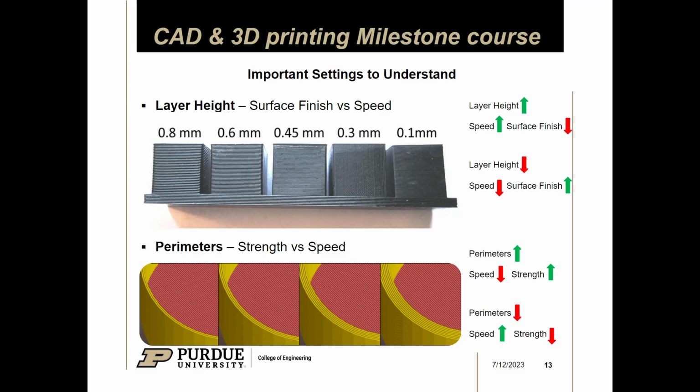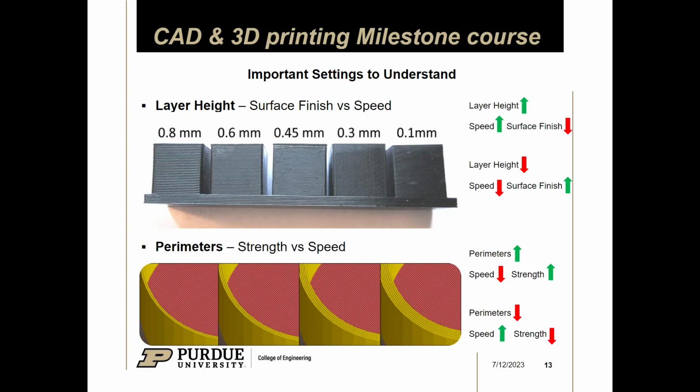Perimeters are also very important. It determines how strong your print is going to be, but it also changes how fast you print it. So a lot of these settings you'll notice are a tradeoff of how strong or how nice you want your print to be and how fast you want it, because you have a single nozzle that just moves around. So you see on the left there's only 2 perimeters. You can see 2 little lines.